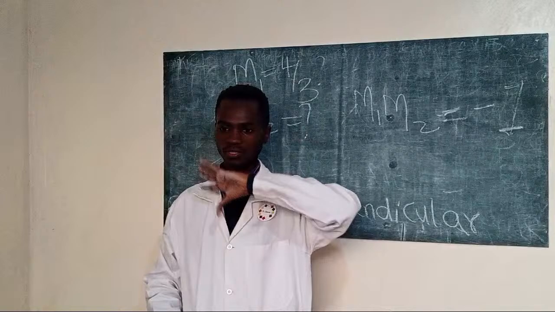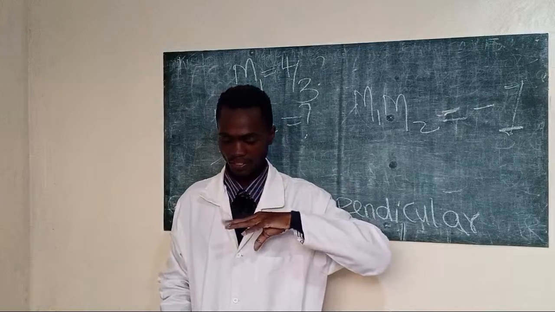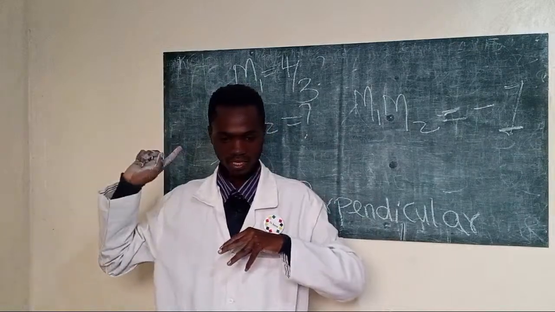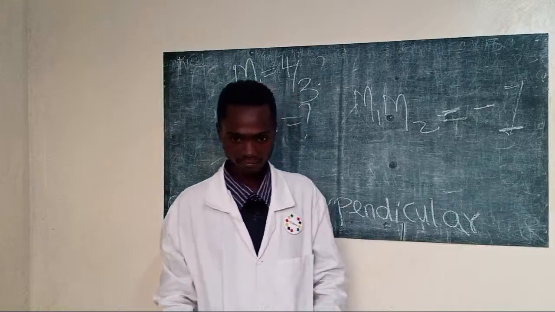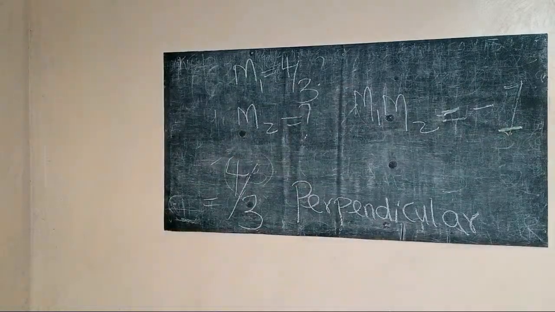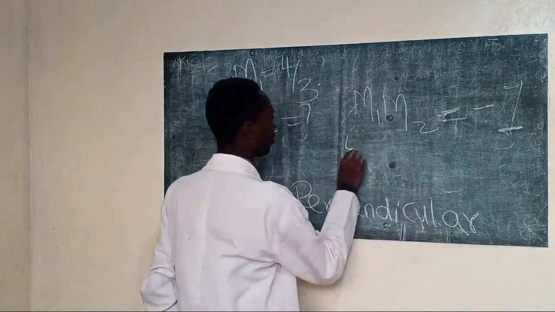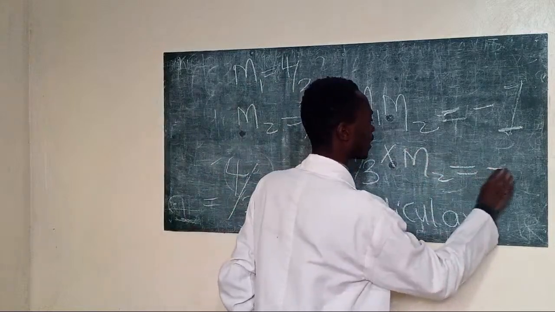If you multiply the two gradients of perpendicular lines, the answer is usually negative 1. So umeelewa? Sasa unaweza pata gradient hiyo na nyingine. M1 is 4 all over 3, M1 times M2 is equals to negative 1.